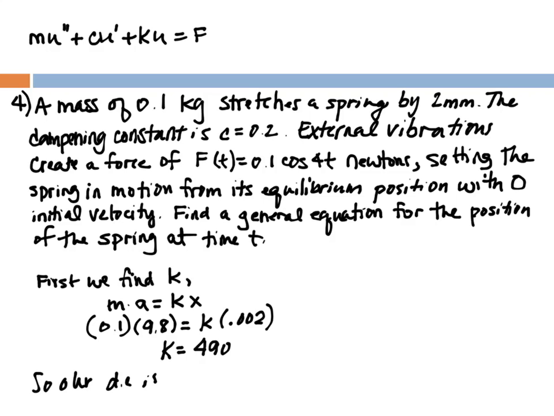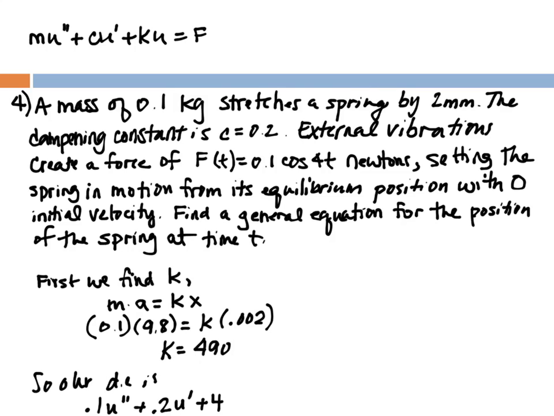So our differential equation is, the mass that we decided already was 0.1, 0.1 U double prime. And then what? C is 0.2, it's given to us, so 0.2 U prime.